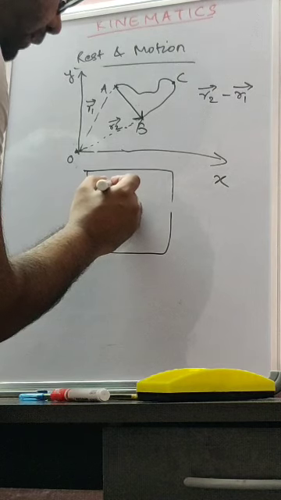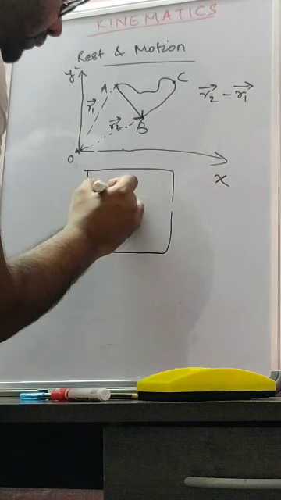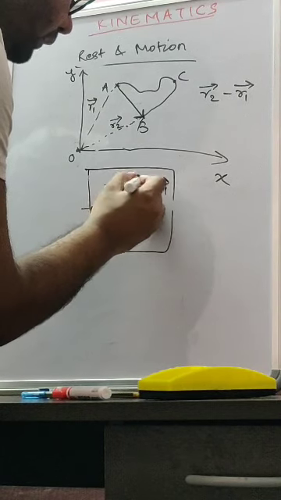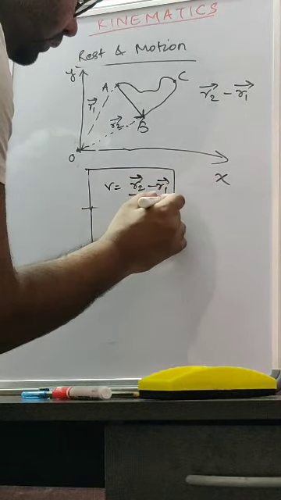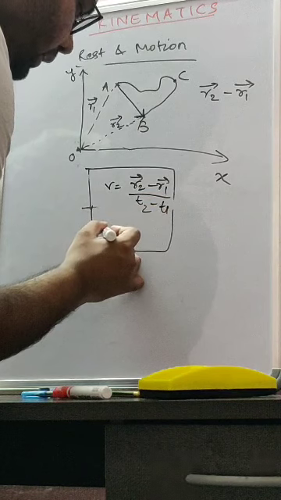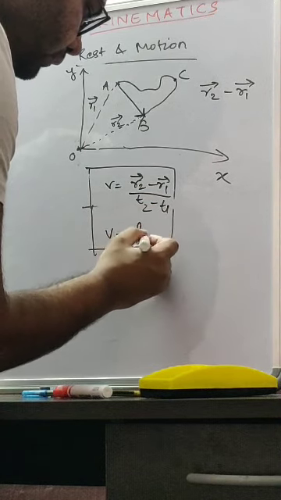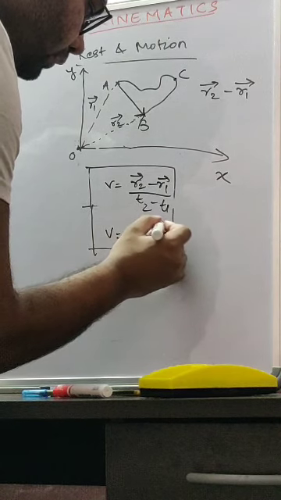The average velocity will be v is equal to r2 vector minus r1 vector by t2 minus t1. The instantaneous velocity will be d by dt of r vector.